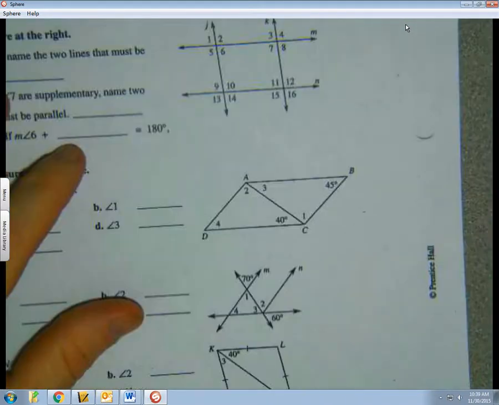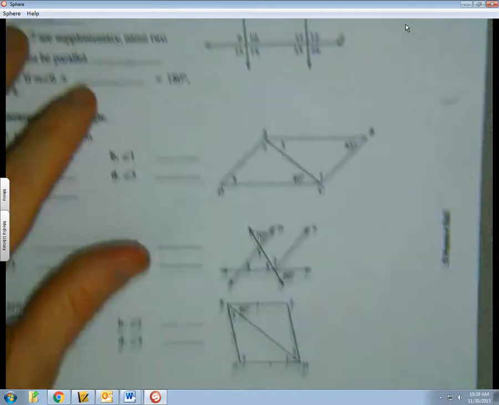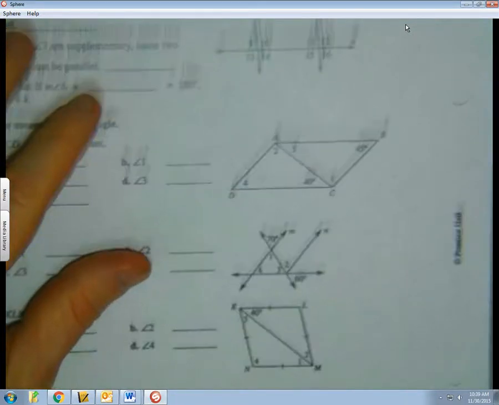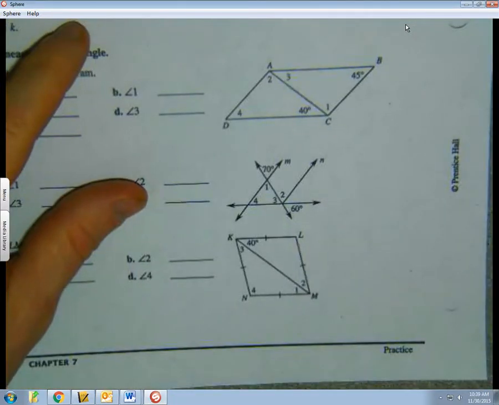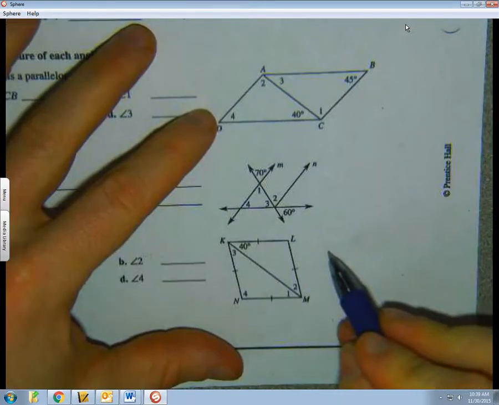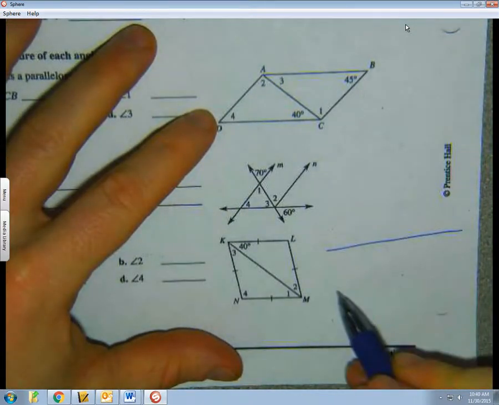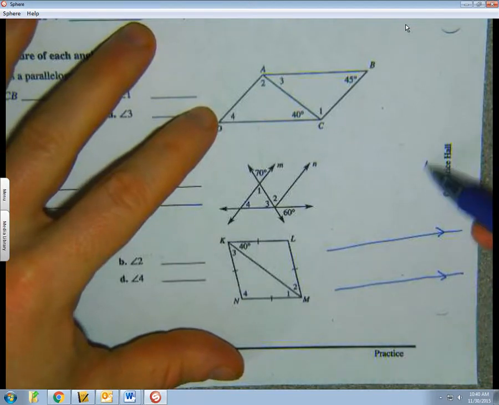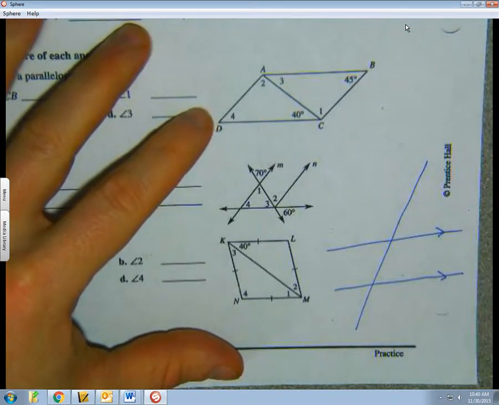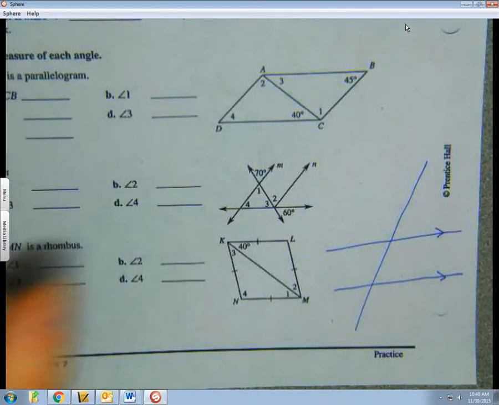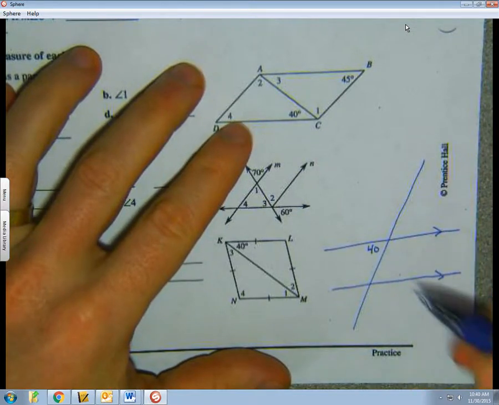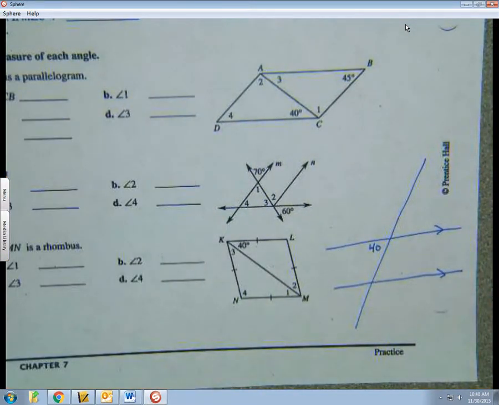I'm going to draw a couple of parallel lines, mark them as parallel, and put a transversal that cuts across. Then I'm just going to make up some numbers. I'm going to call that 40. That's a nice simple number to work with.